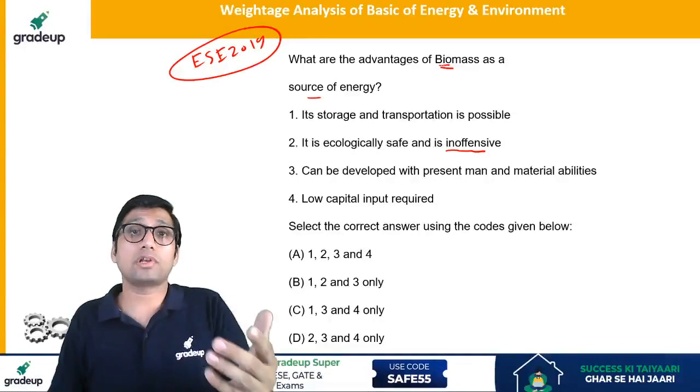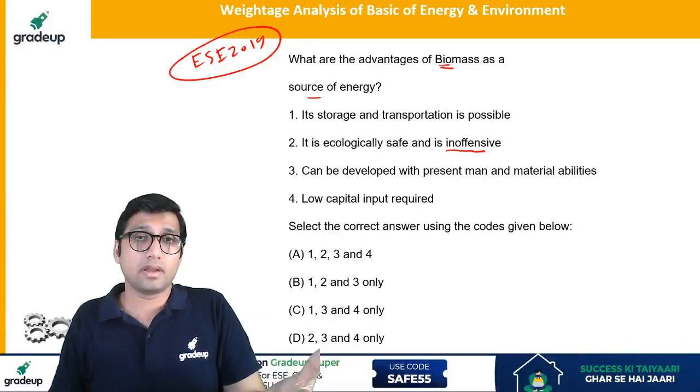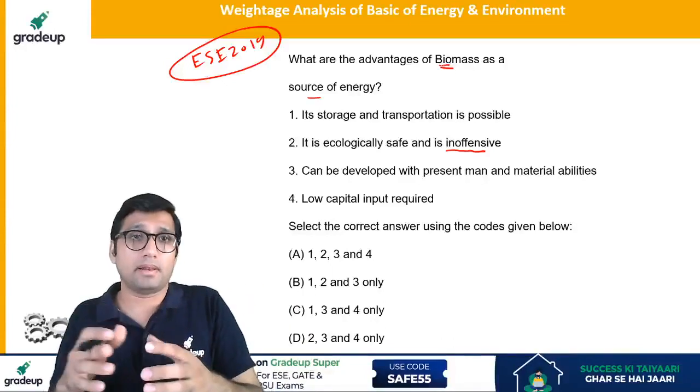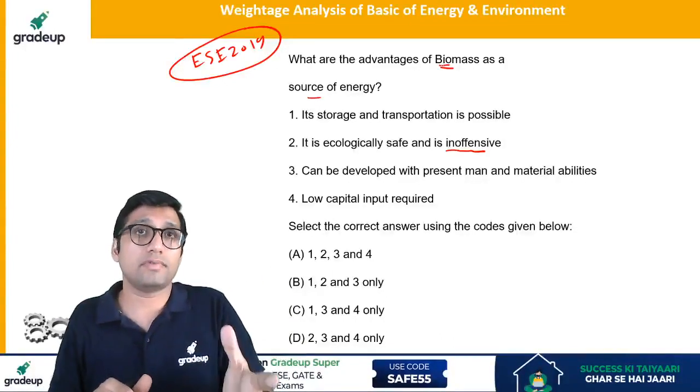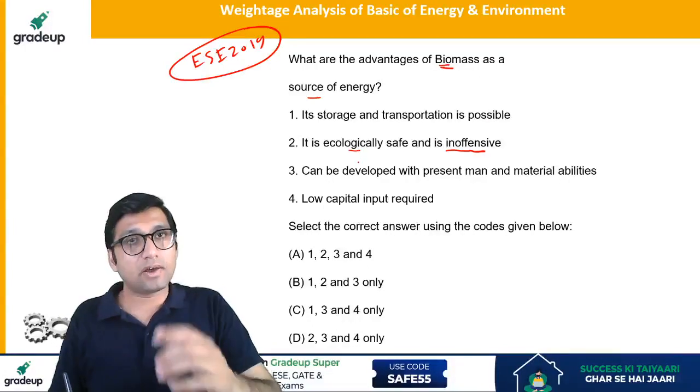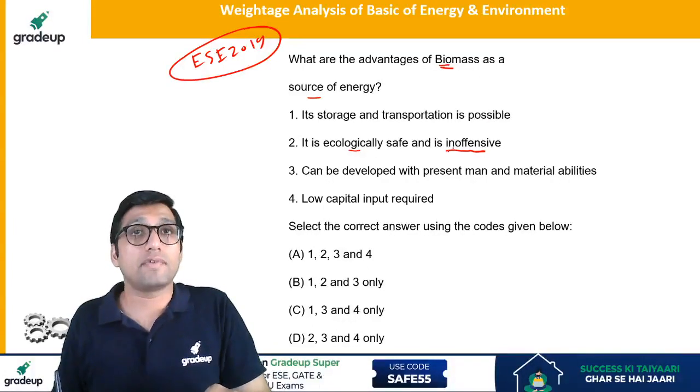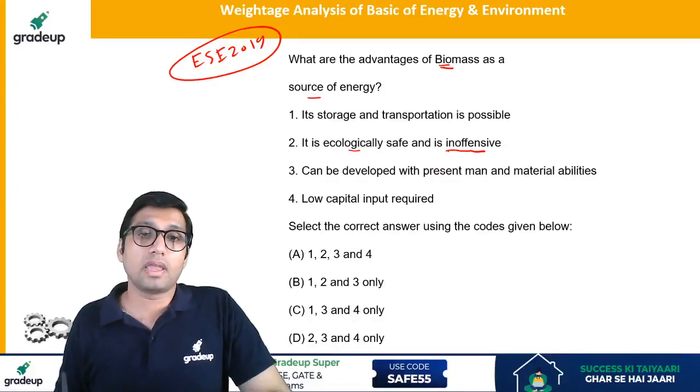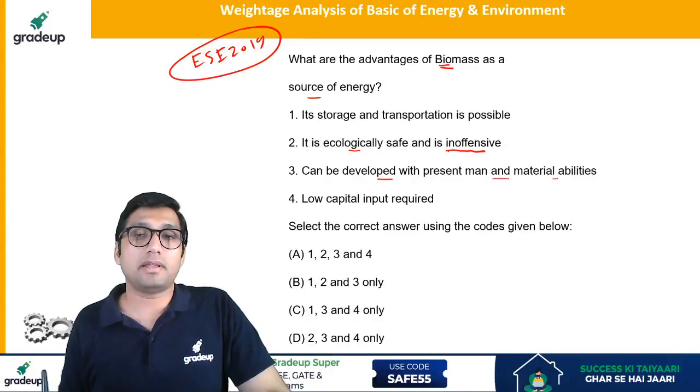Basically, the opposite of offensive is inoffensive. It is not problematic to the people in that particular area. That is called inoffensive. But actually, if you see, it may be ecologically safe, but it is not inoffensive. It is actually offensive. It can be developed with present man and material ability. That is correct.